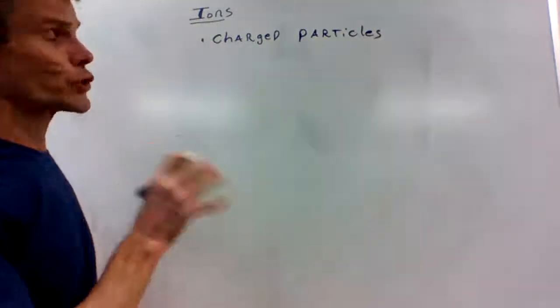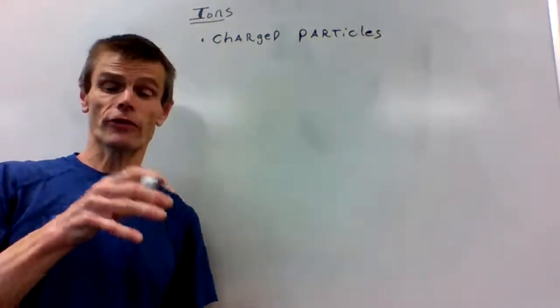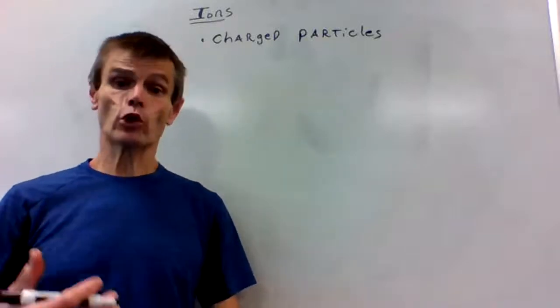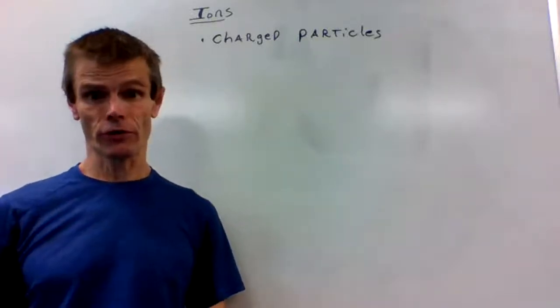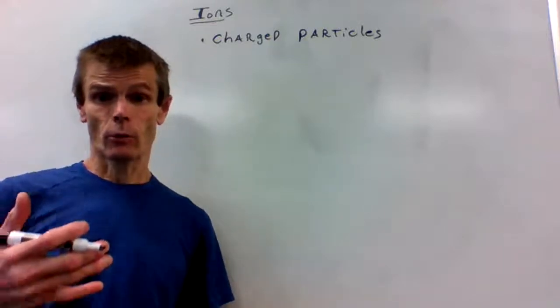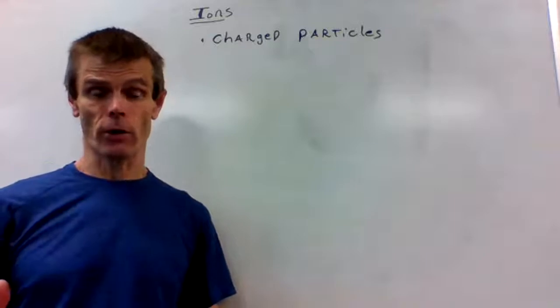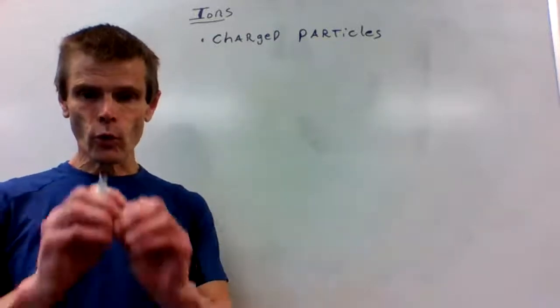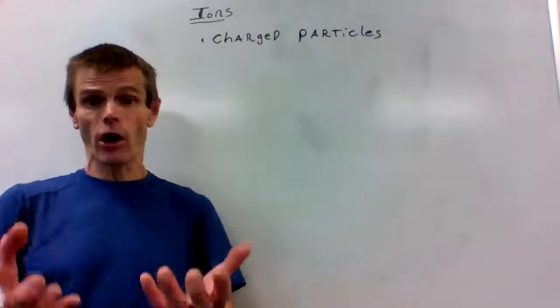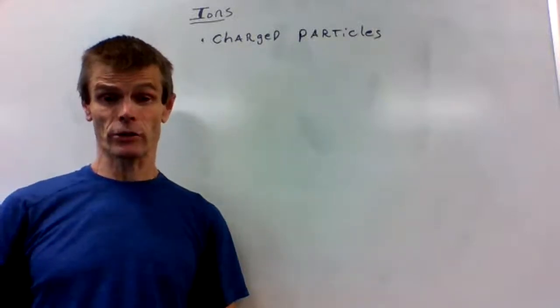The reason why they're charged particles is because they're either going to have an excess number of protons, in which case they'll be positively charged particles, or they're going to have an excess number of electrons, which means they're negatively charged particles. Now, what normally is going to happen is these atoms are undergoing what we call oxidation and reduction reactions.